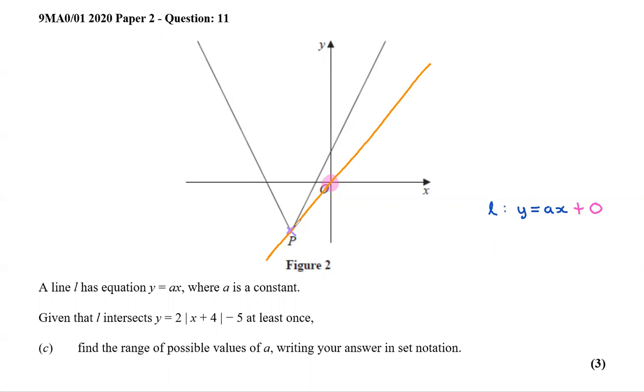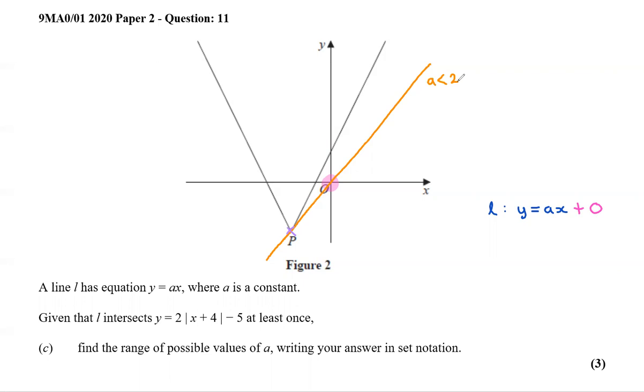Now that would make the gradient at this point somewhere less than 2. I don't quite know what it is, but it's got to be less than 2 because I've made it less steep. By making it less steep, it's caused an intersection with that apex point at P.